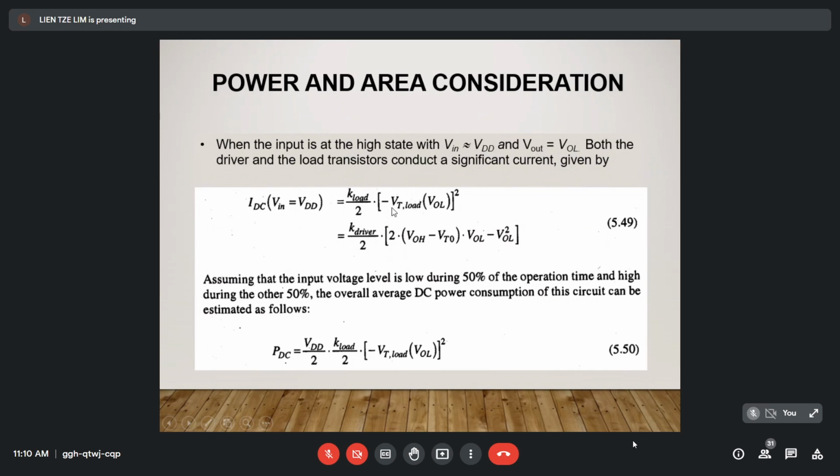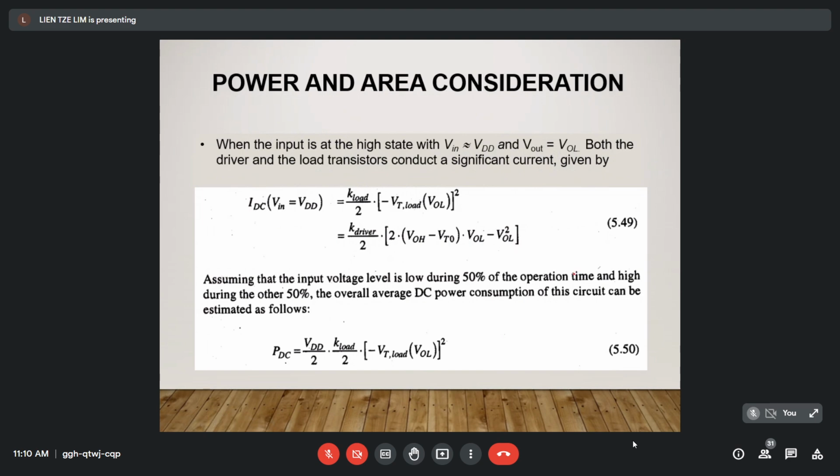This equation can also be written as K driver over 2 multiplied by 2 multiplied by (VOH minus VTO) multiplied by VOL minus VOL square.